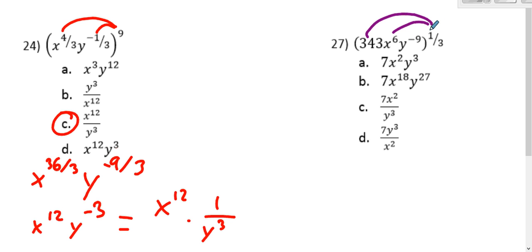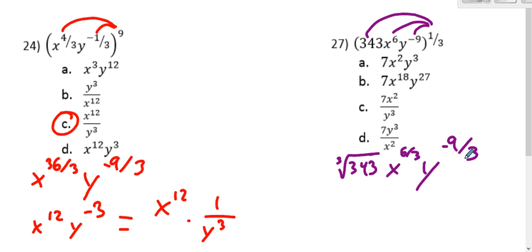Distribute your exponent to every piece. Again, 1/3 power of 343 means the cube root of 343. X to the 6 times 1 over 3 becomes 6 times 1 is 6 over 3. Then the negative 9 times 1 over 3.